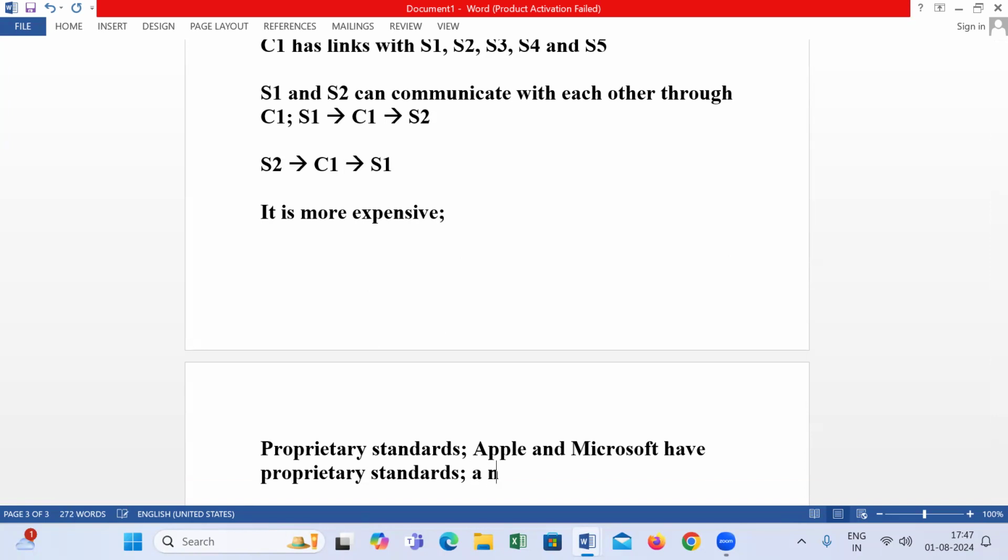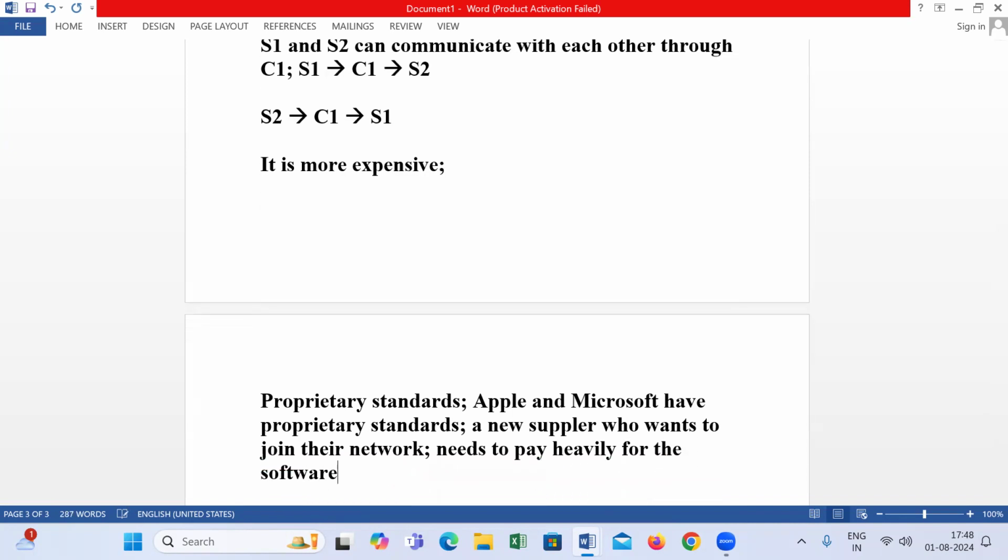A new supplier who wants to join their network needs to pay heavily for the software and hardware they provide.